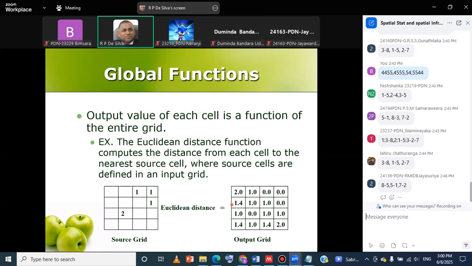Now you have schools at various cells, right? And then you can look at your Euclidean distance and say, okay, this school is the school having the lowest Euclidean distance to you.